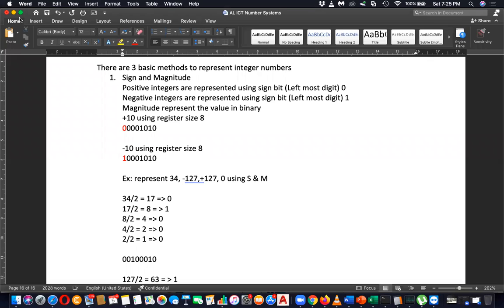Okay, sorry. So most of the students, they are trying to ignore this part.